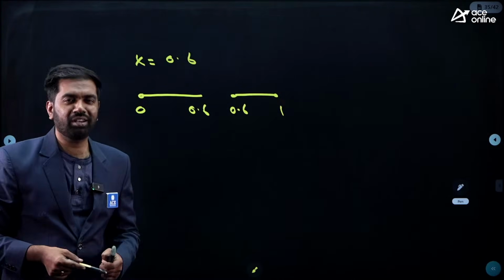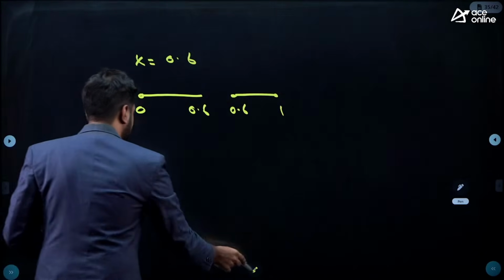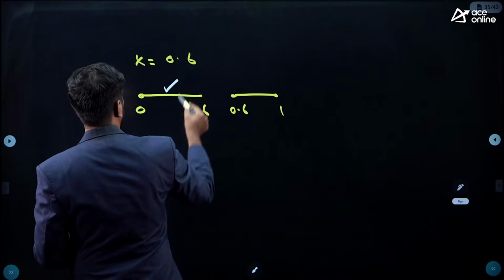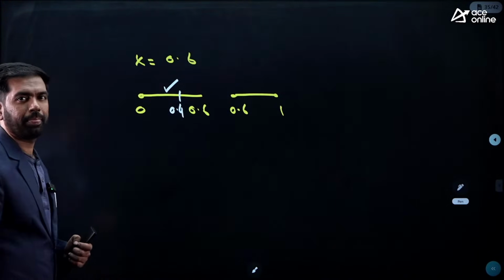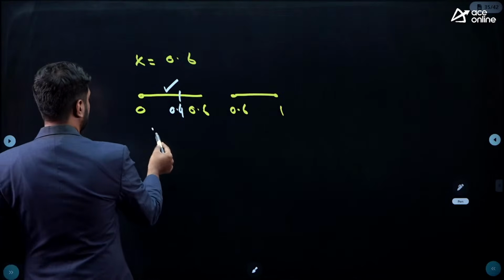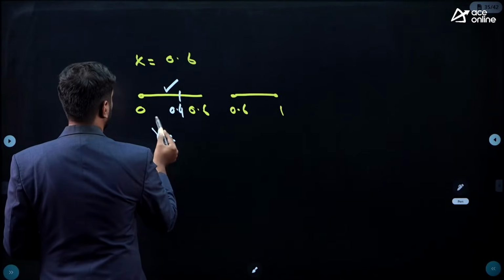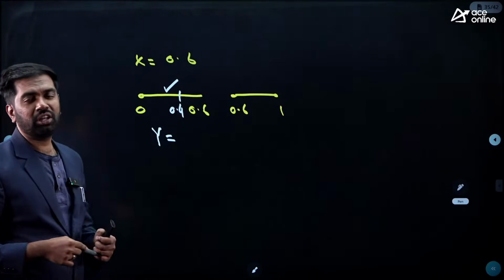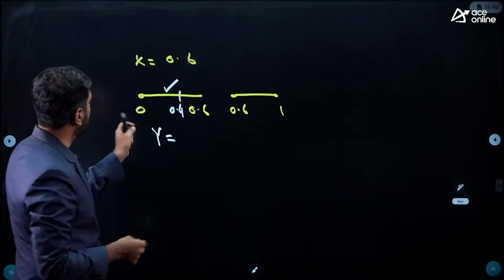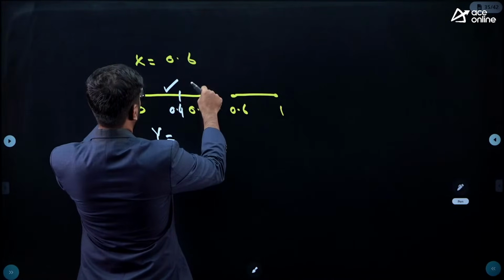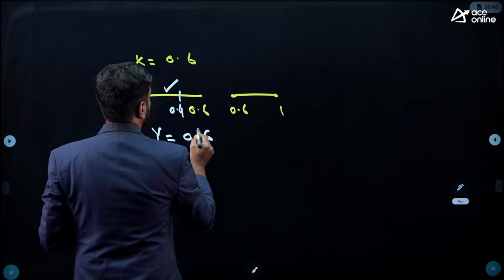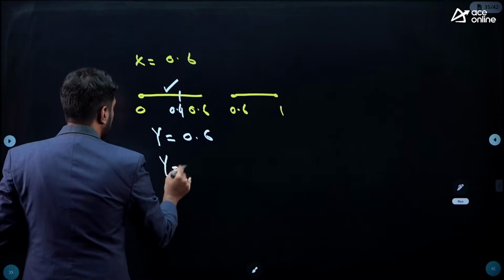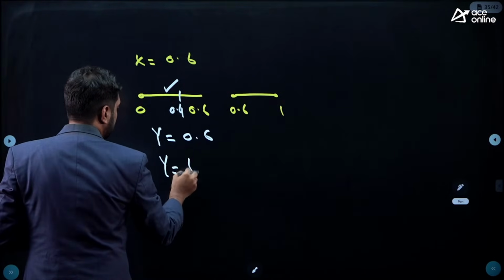Which subinterval are you interested in? I am interested in this subinterval because this is the one which contains the value 0.4. So do you know what Y is here? Y doesn't follow the relation 1 minus x. Here the length of the subinterval is 0.6, which is directly x. I can see that for this choice of x, Y is directly x.